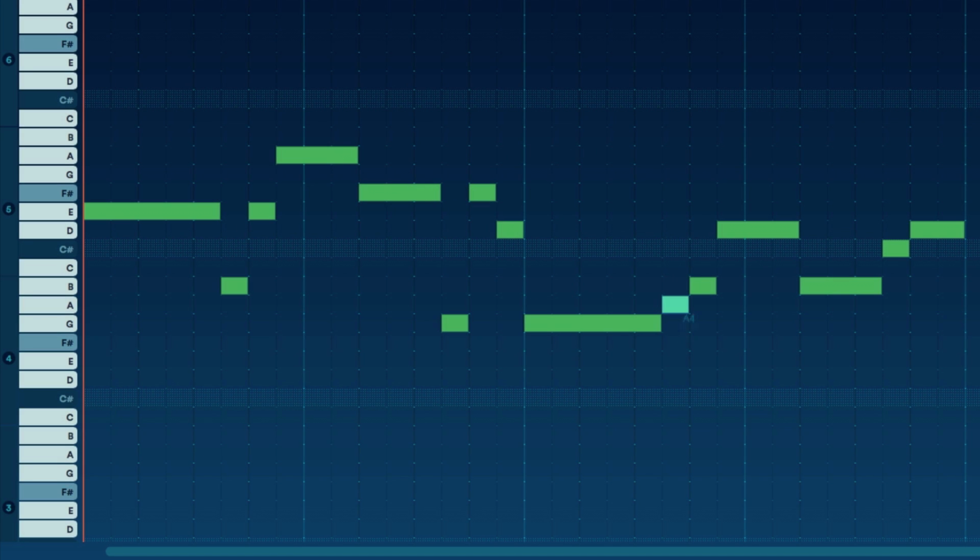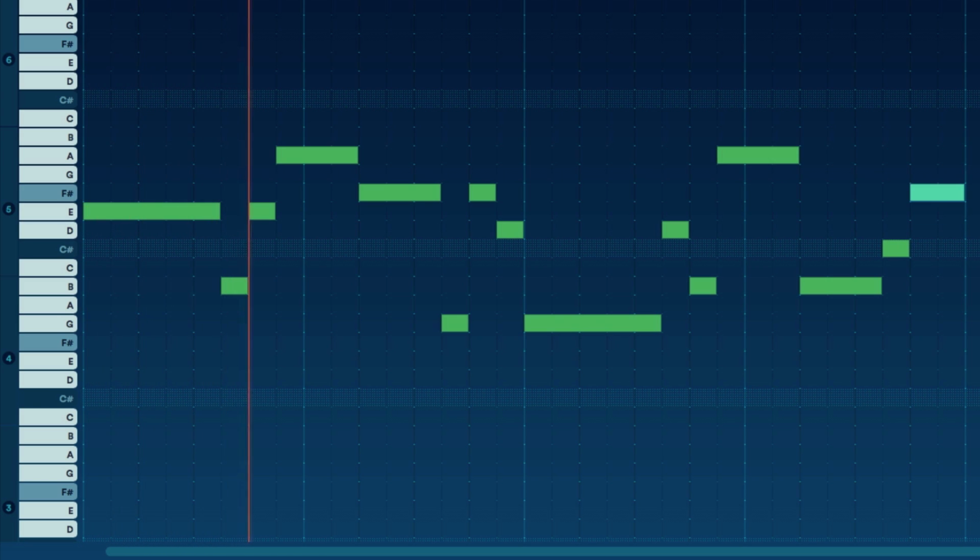Let's hear what happens if I change my melody to have too many big leaps. Even though the overall melodic range stayed the same, all the leaps I've added made this melody worse.